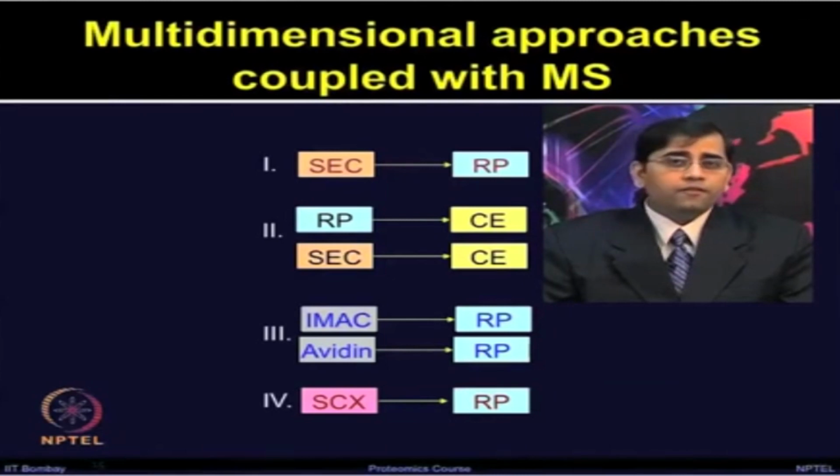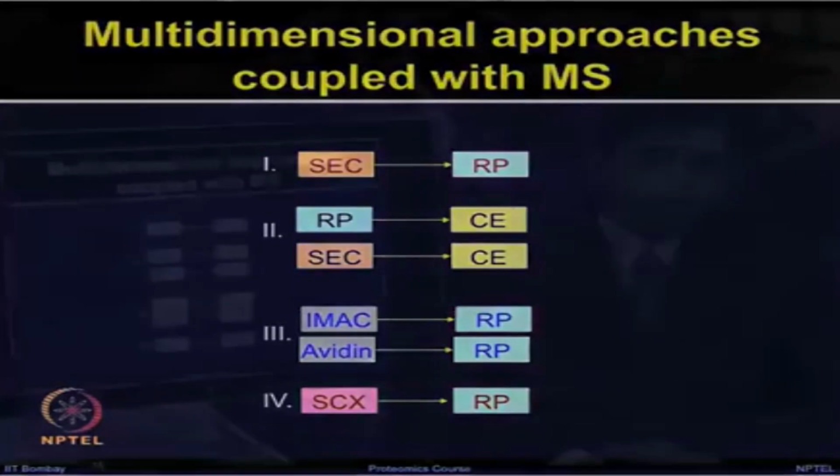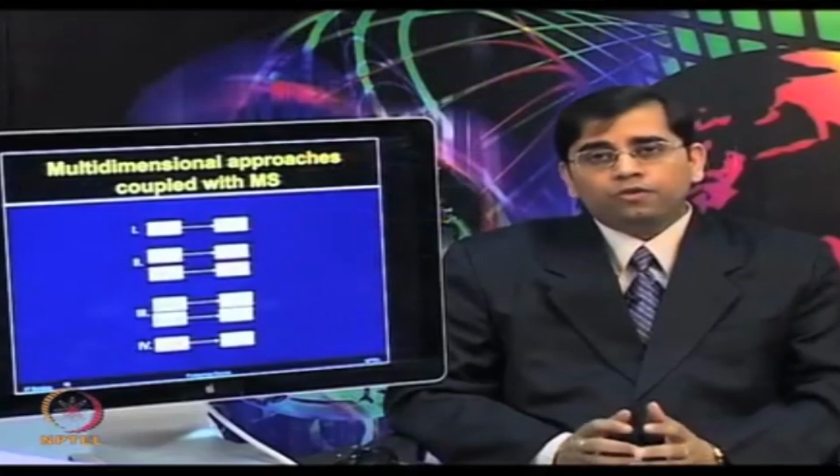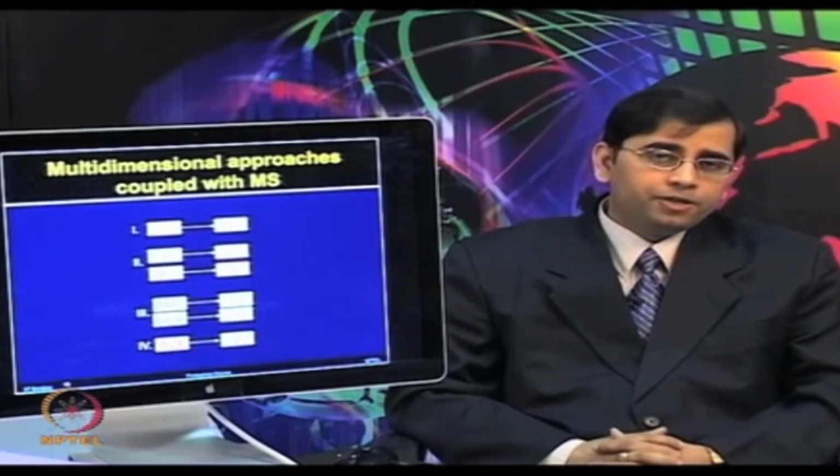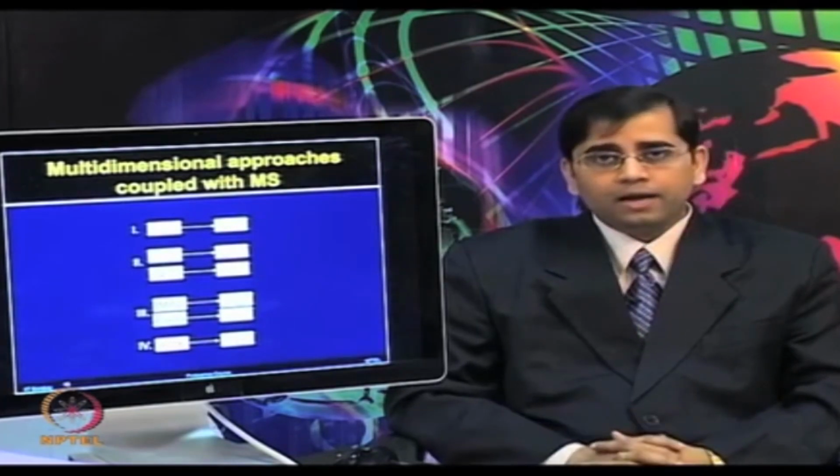Affinity chromatography based separations such as IMAC or avidin, followed by reverse phase chromatography, are commonly used, and strong cation exchange followed by reverse phase is most commonly used. So, this slide gives you an overview of various liquid chromatography separation methods which can be employed prior to injection into the ionization source.